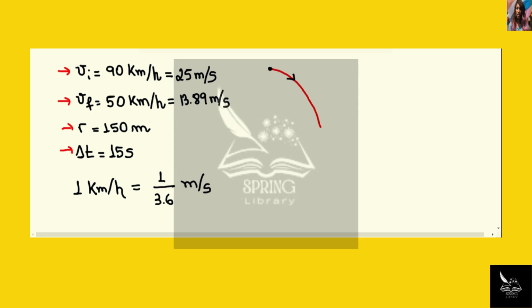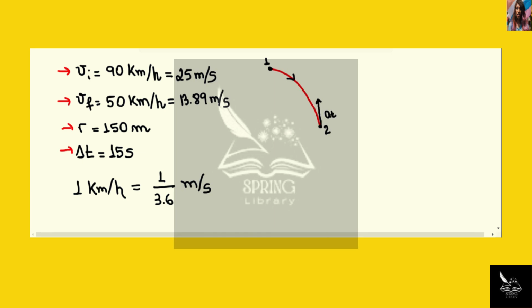Now suppose that at the first spot, marked with the number 1, the train has a speed of 90 kilometers per hour, and here it has a speed of 50 kilometers per hour. Remember that the acceleration has two components. One is the tangential component, tangential to the trajectory.